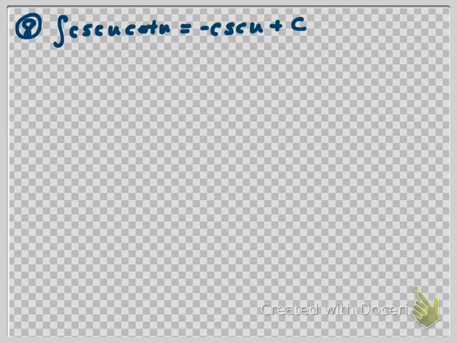So look at your integral sheet and slide your eyes down towards the trig section and see if we have a rule for cosecant u, cotangent u. Yeah. We do. What is that rule? Cosecant u, cotangent u, du is equal to negative cosecant u plus c. Yeah. So it's the same.